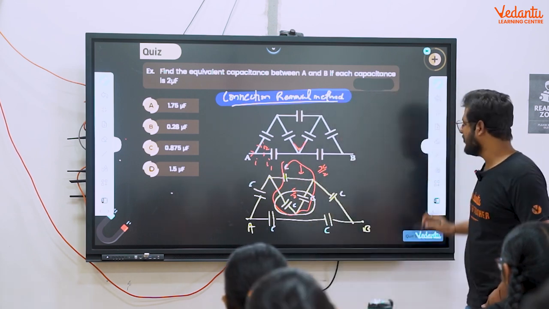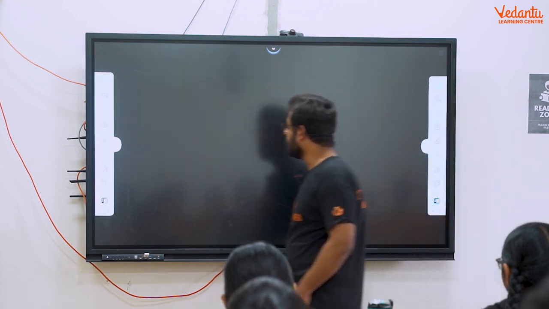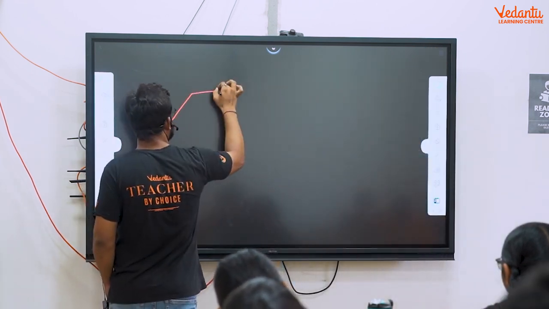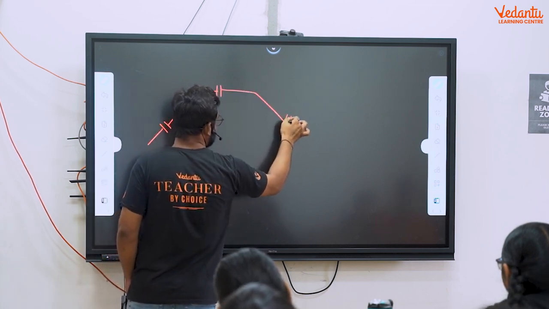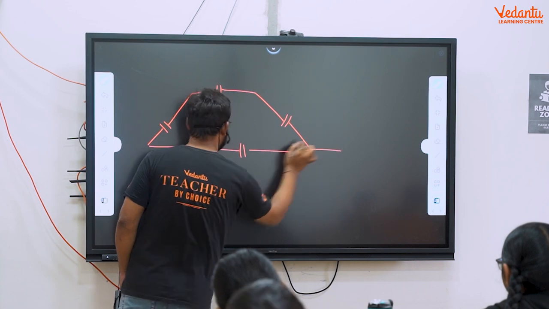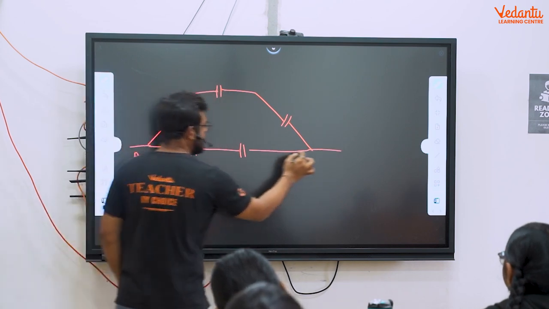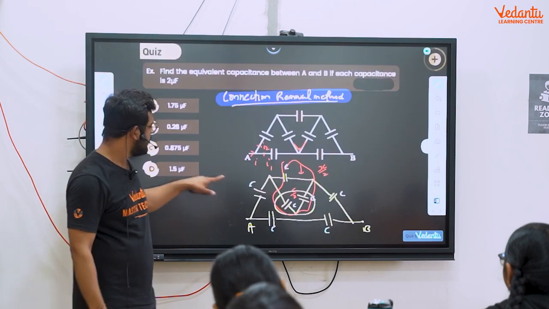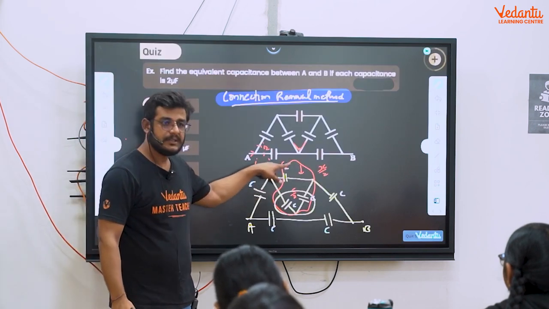Now I'm just giving you one more picture. Let's see it once again. Here we have one, right? In between, two capacitors are there. This is my A point and this is my B point. We can also verify this. Here we have C and this will become 3C by 2.